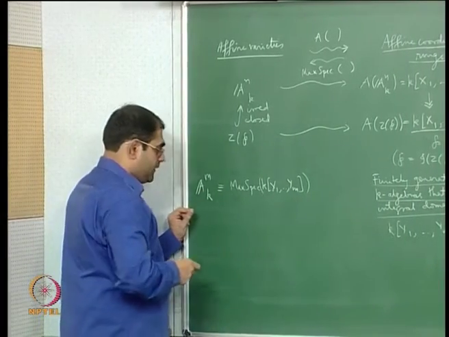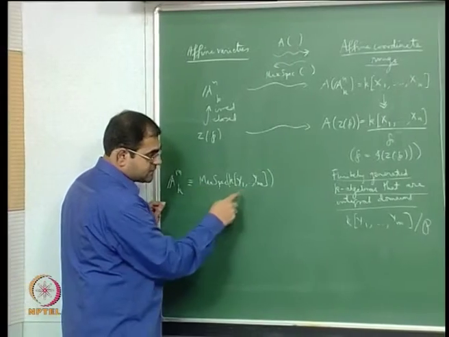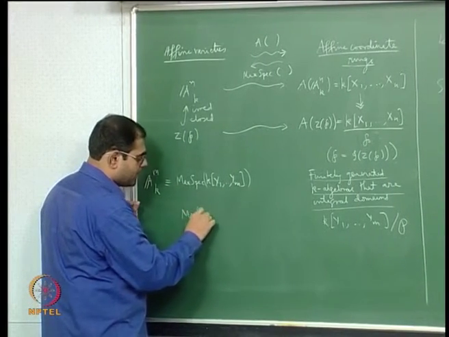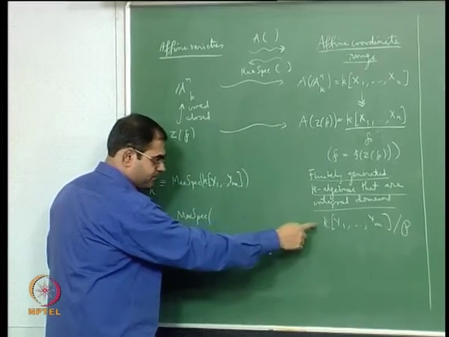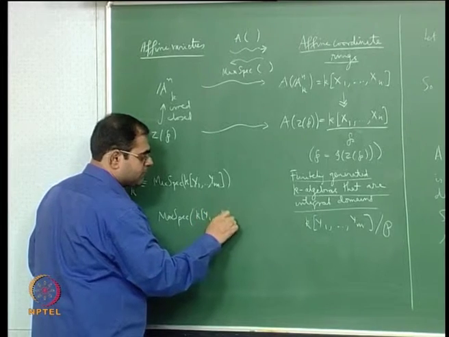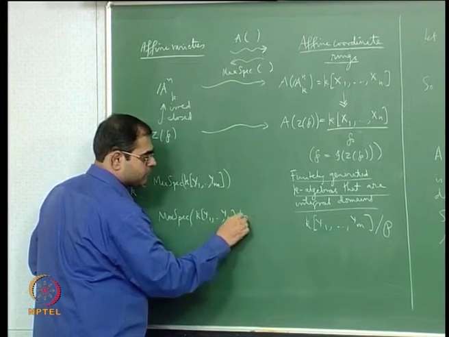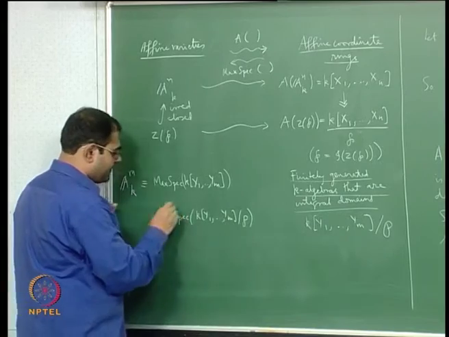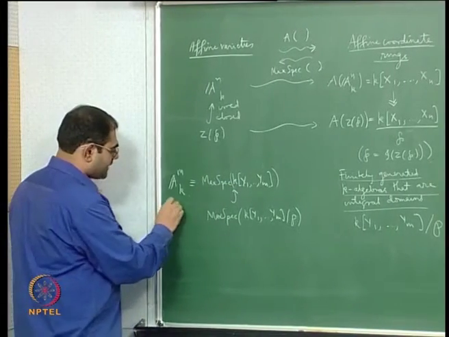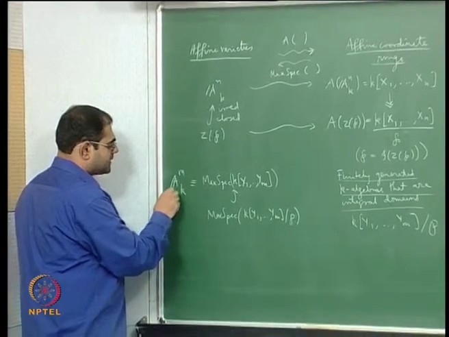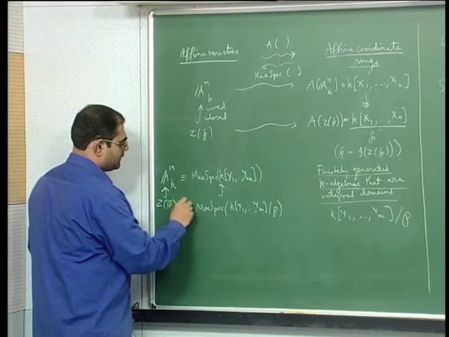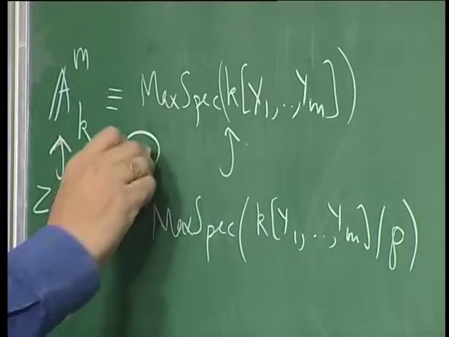Okay, now what you do is you look at max spec of this quotient K[y1, ..., ym] mod p, then this sits inside as a closed subset here, and that closed subset corresponds to Z(p), which is identified with it, and this diagram commutes.